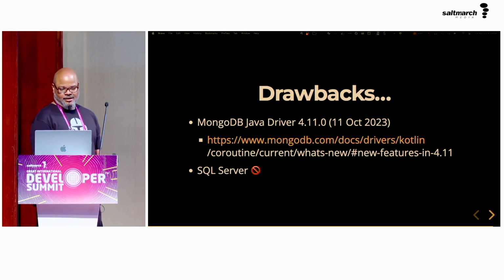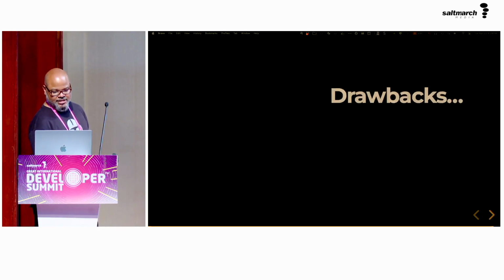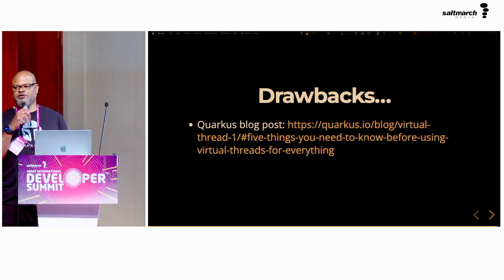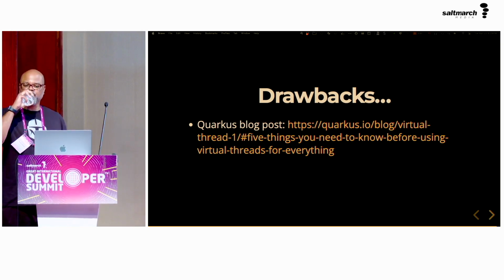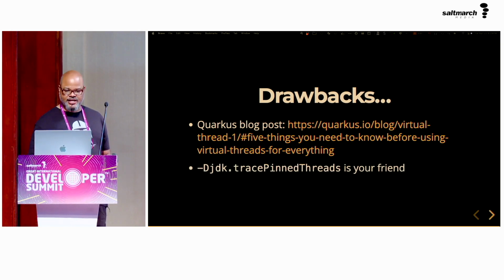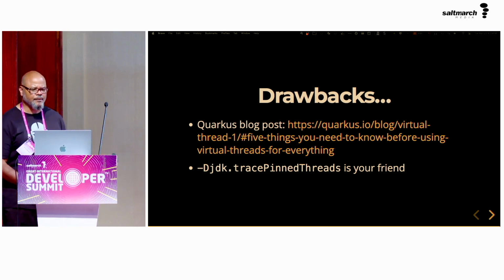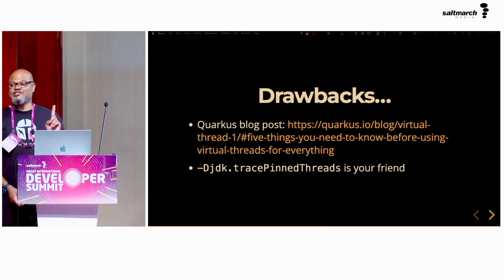This is actually a very good blog post, even if you don't use Quarkus, just about the different libraries and issues with virtual threads. So I encourage you to check it out. And of course, we said using the JDK trace pinned threads feature is a great idea. I didn't add it to the slides, but Log4j had issues too.